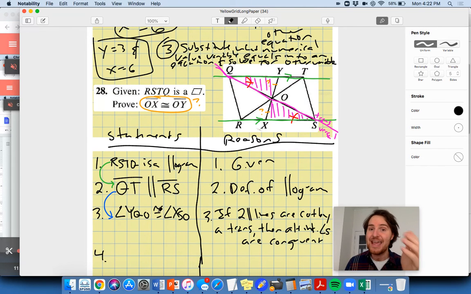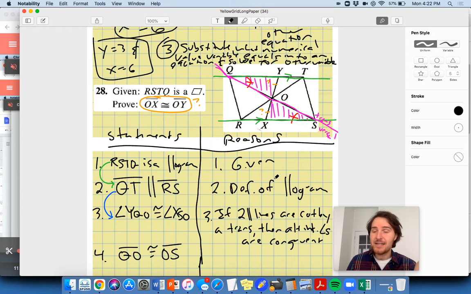So what you can say here is, because segment RT bisects segment QS, we know that QO is going to have to be congruent to OS because it got bisected by the other diagonal.